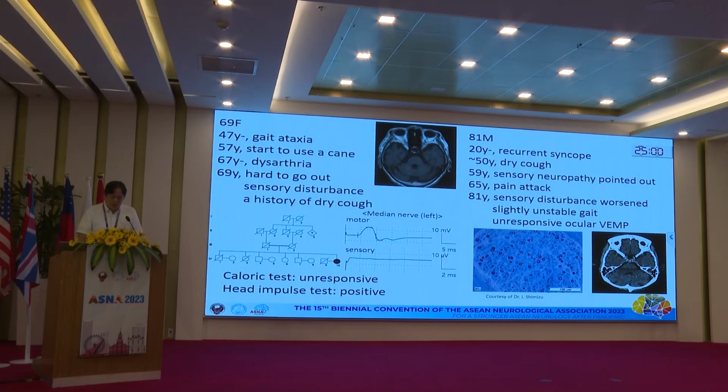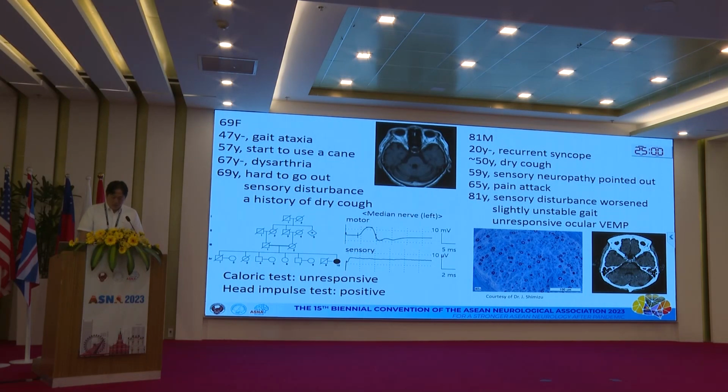From the age of 65, he felt pain attacks. At the age of 81, his sensory disturbance worsened, and he showed a slightly unstable gait. Vestibular examination revealed an unresponsive ocular bend.